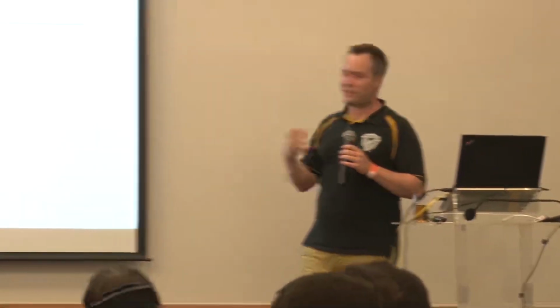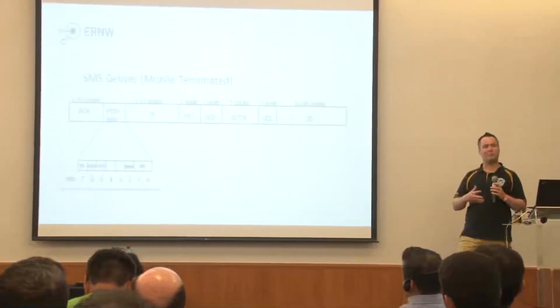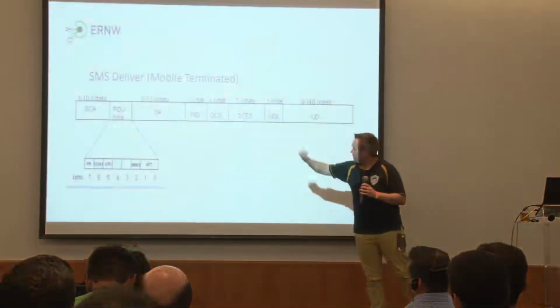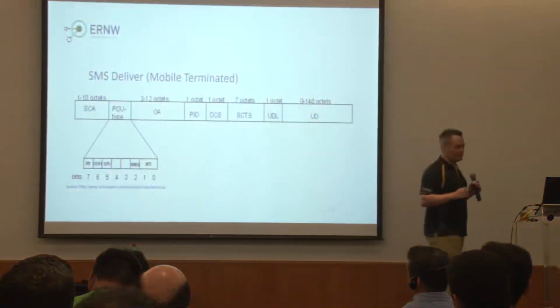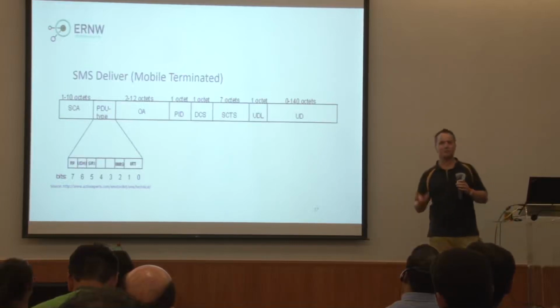This is what it looks like. We have a header here on the left, where we can play around. We can set some bits, which enable more headers, and depending on that, we can even push updates. For example, the PID defines where the SMS sent to the phone is routed.